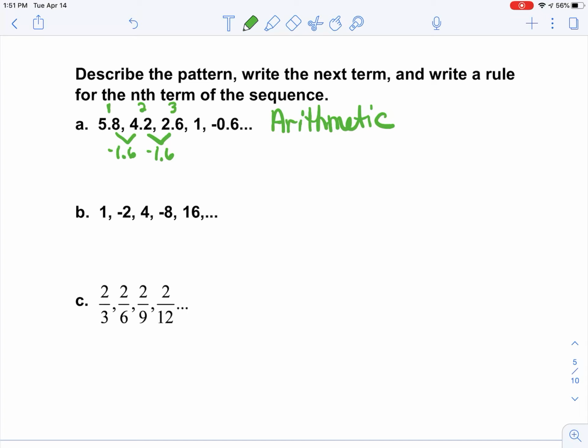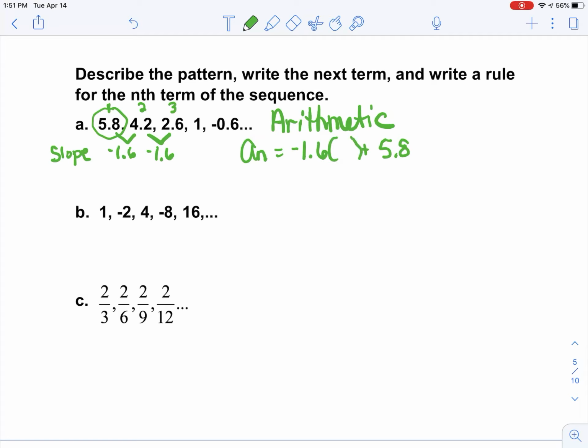So how can I do this? Well, whatever you're subtracting or adding is actually your slope. So we're going to look at a sub n equals negative 1.6. And then this right here is always your plus 5.8.